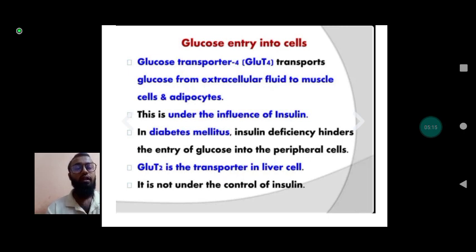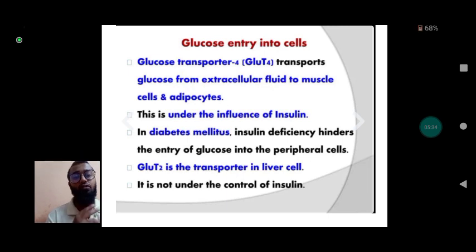The glucose enters into the cell by the GLUT4 transporter, and every molecule that enters our body requires a transporter, because we have to move. Even we require transporters to go from one place to another.